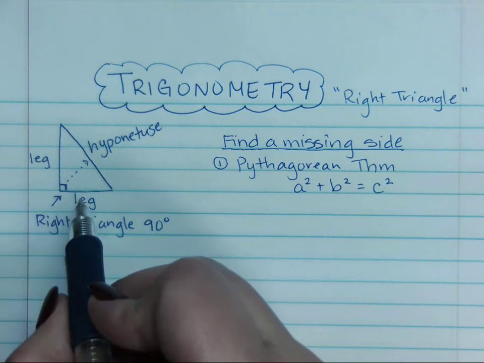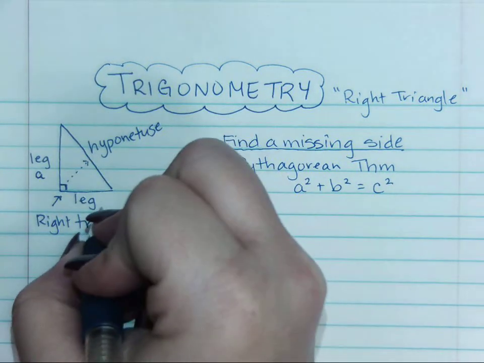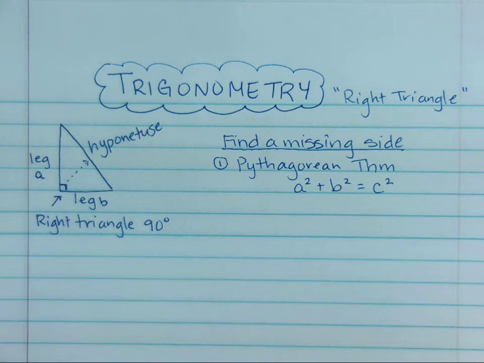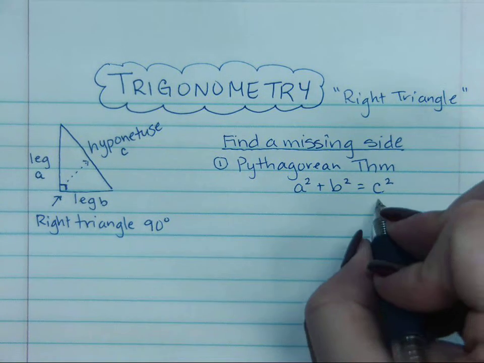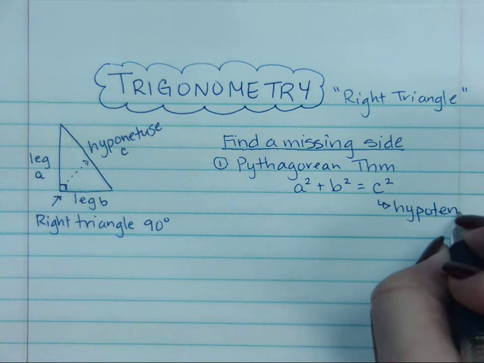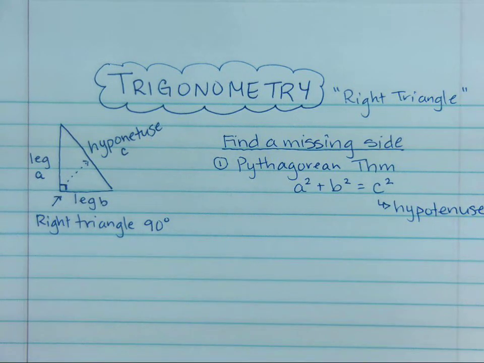And so it doesn't matter which one you call a and b. I can call this side a, I can call this side b, but the a and the b are interchangeable, but they're both a leg, and the hypotenuse is always side c. So no matter what, this is always the length of the hypotenuse. Now you have to remember that you are squaring each individual piece.